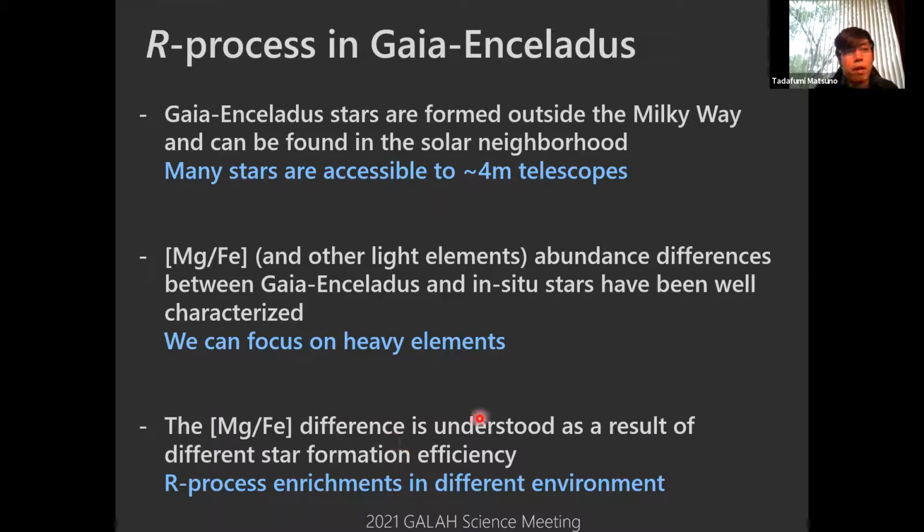So that's more affected by the nucleosynthesis process with delay time. So this enabled us to study R process enrichment in different environments by comparing Gaia-Enceladus stars and the in-situ stars.